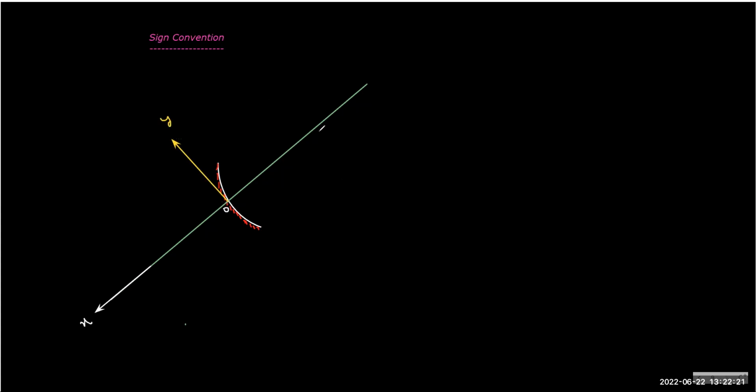If you keep the object somewhere here, or here also, you can keep it anywhere. You can keep the object at any distance, at any location. It is not necessary that we must keep the object on the principal axis.